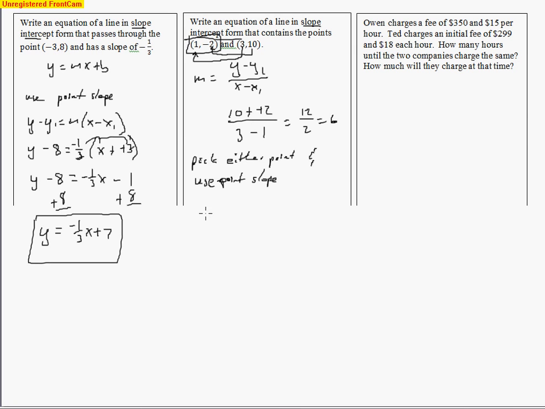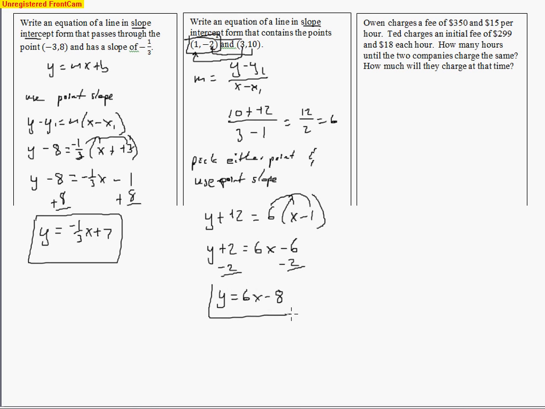I'm going to write y minus negative 2 equals the slope of 6 times x minus 1. So I'll add the opposite here, distribute, and I've got y plus 2 equals 6x minus 6. When I subtract the 2 from both sides, I'm left with y equals 6x minus 8. That is our answer. So let's take a look at the last one here.